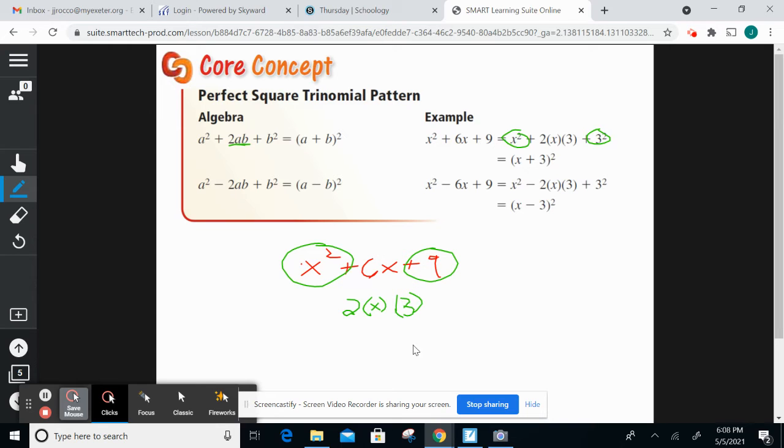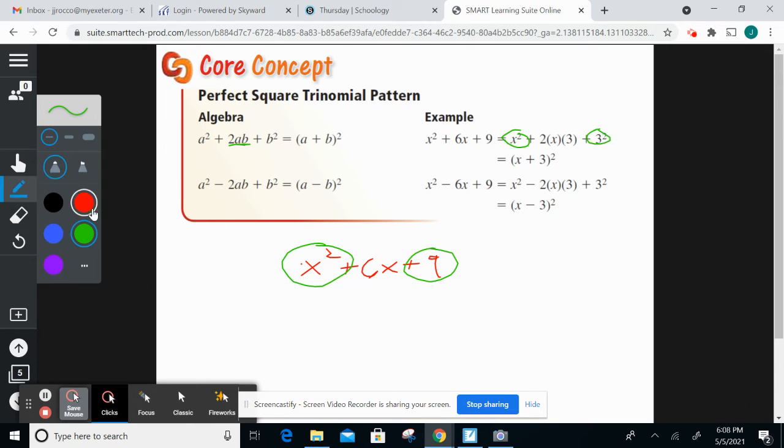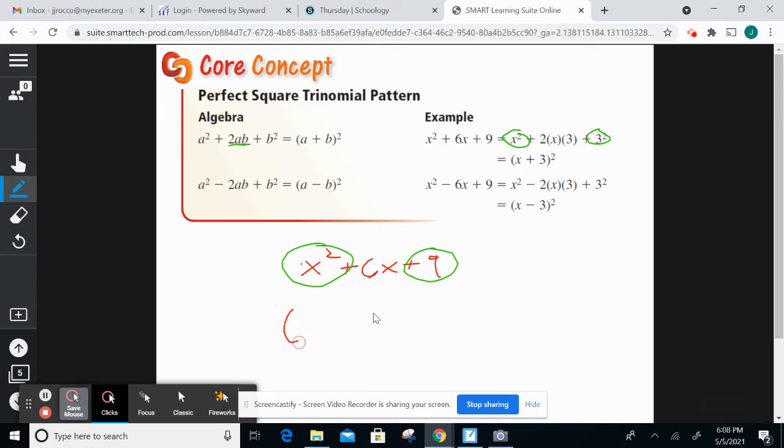If you can identify the first and last are perfect squares and the middle one is made up of those squares and a 2, what you can do is you can bet you're going to have two sets of parentheses, x times x, 3 and 3, and then check that 6 is positive, right?